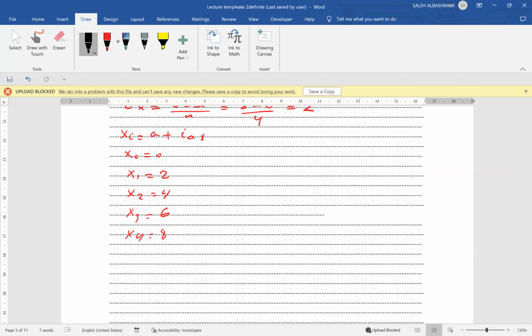Now I need to find the midpoint for each subinterval. The first one, x1 bar, is 2 plus 0 divided by 2, which is equal to 1. The second midpoint, x2 bar, is 2 plus 4 divided by 2, which is equal to 3. To make it easy, once we find the first midpoint, we add 1 delta x each time, and delta x is equal to 2.